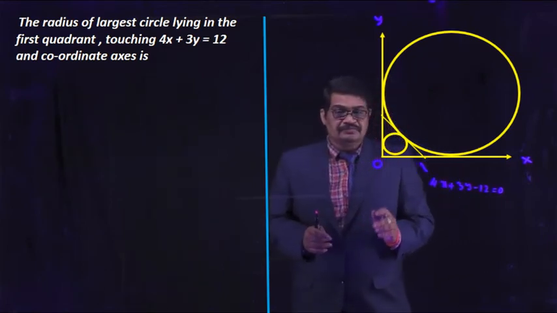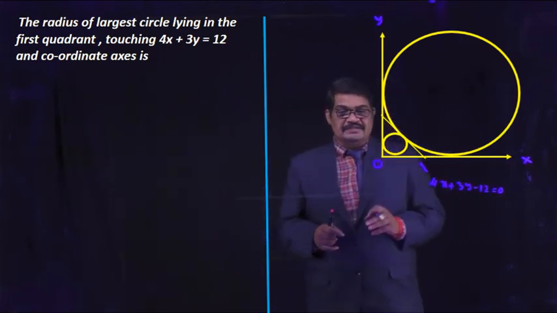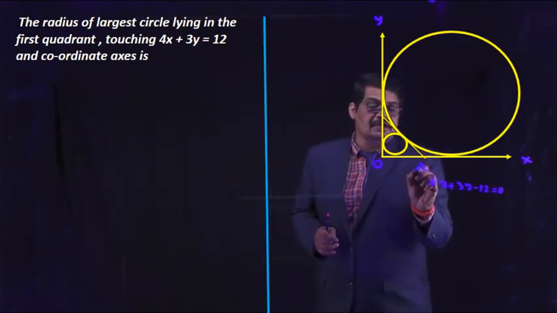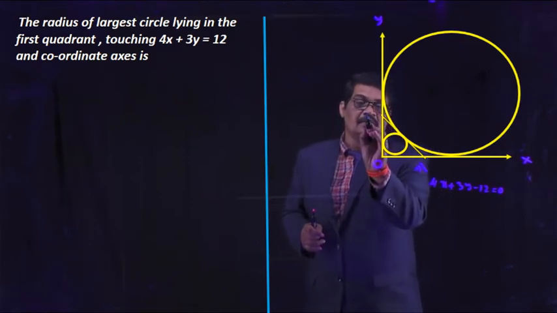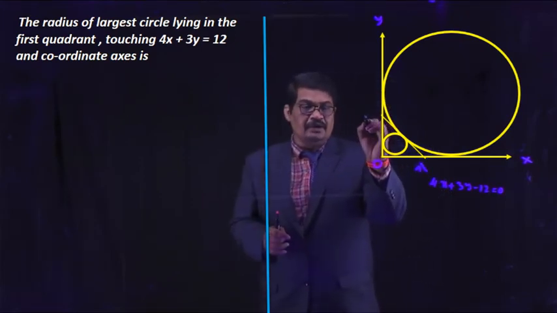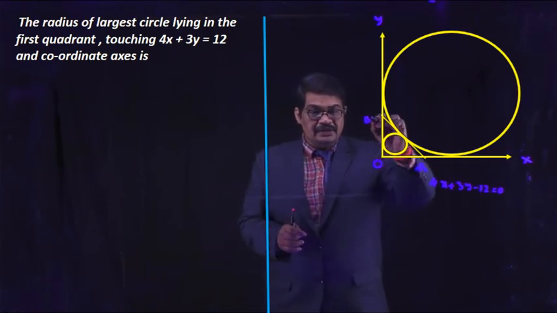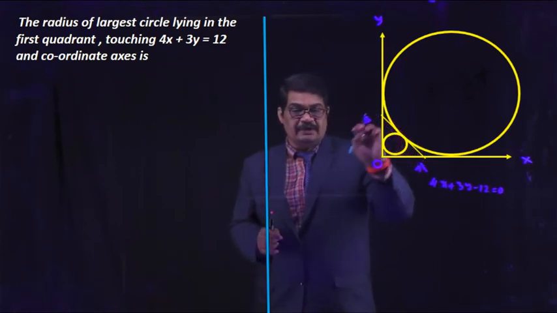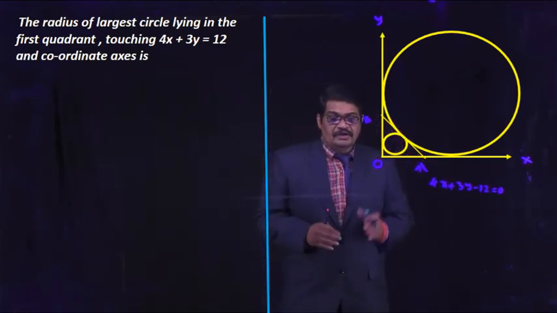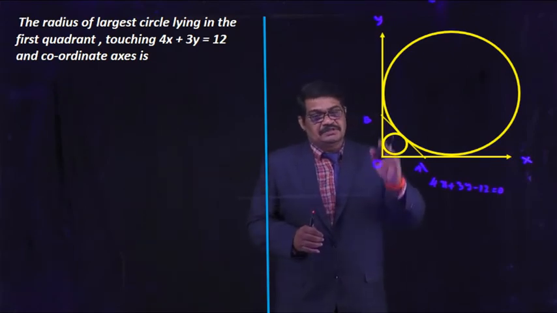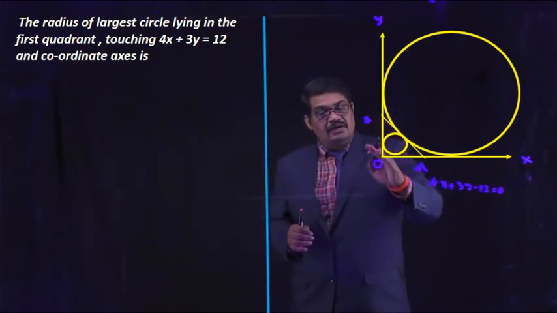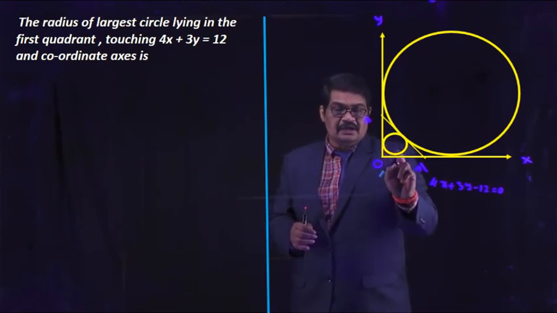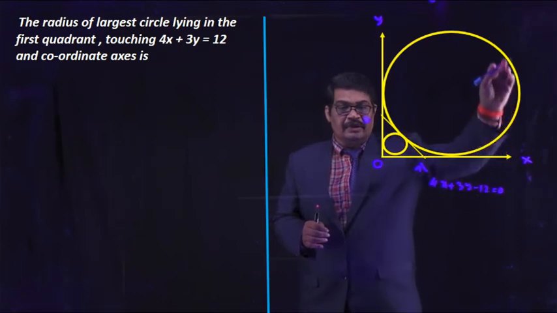This line intersects the x-axis at capital A and the y-axis at capital B. Now the required circles touch this line AB and also touch the coordinate axes. See, one is a small circle and the other is a bigger circle.